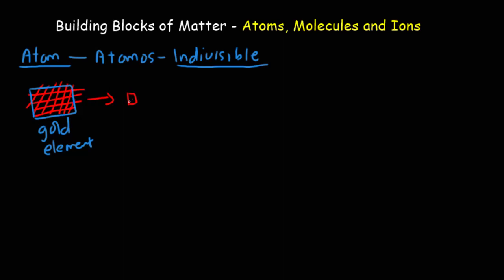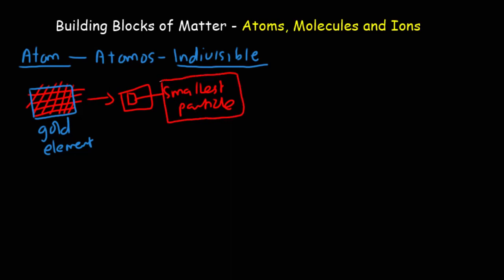And because I cannot break this piece further to get other smaller pieces, this small piece becomes the smallest particle of the gold element. And the smallest particle of every element, which cannot be broken down further, is what we call the atom.